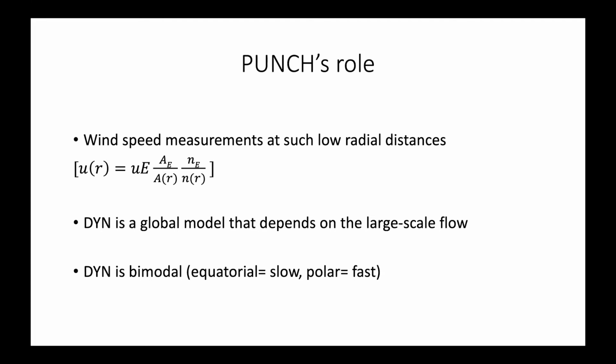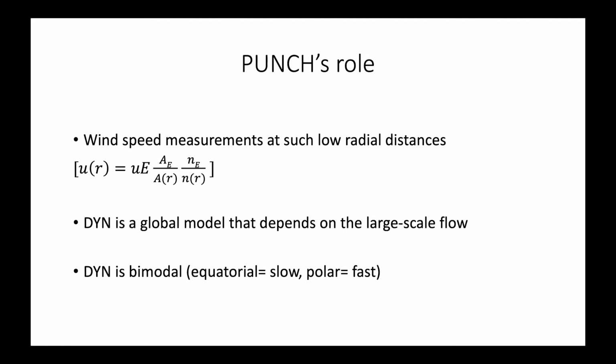Also, the large-scale flows that the PUNCH mission is going to measure are going to be important for us, because for the moment we are only using eclipse observations of the ambient solar wind out of necessity, and those observations spread over years, so we cannot have any dynamical information on how this model can work for a shorter time scale.